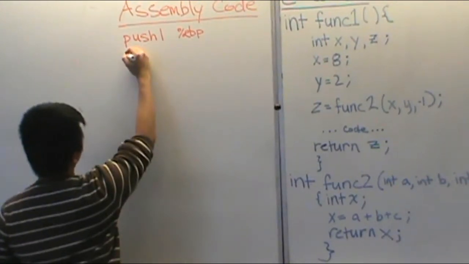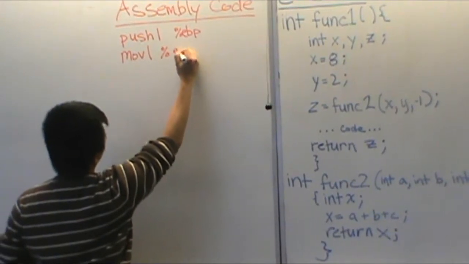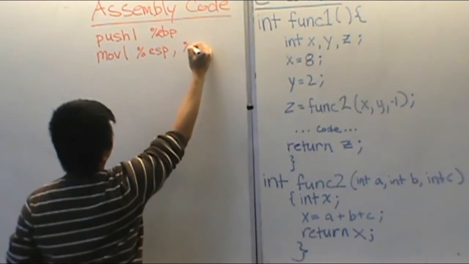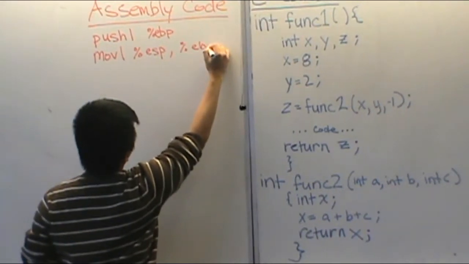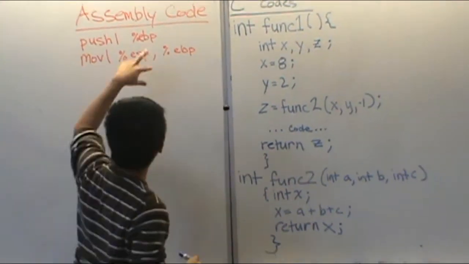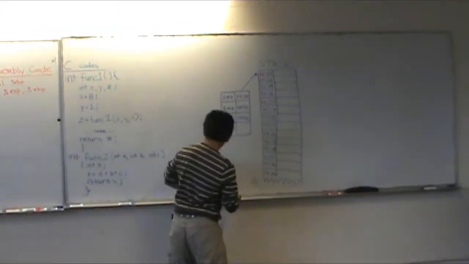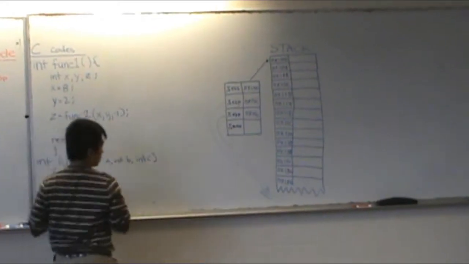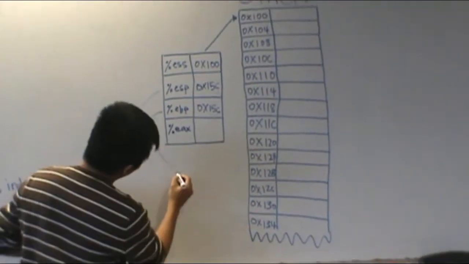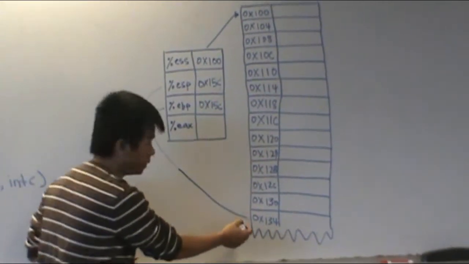And then we also do move ESP to where EBP is. So basically, these 2 command lines will move EBP first to 134, and that's the push EBP.